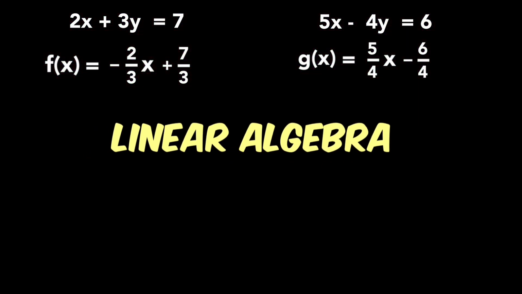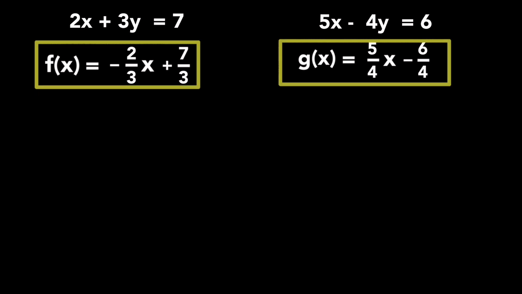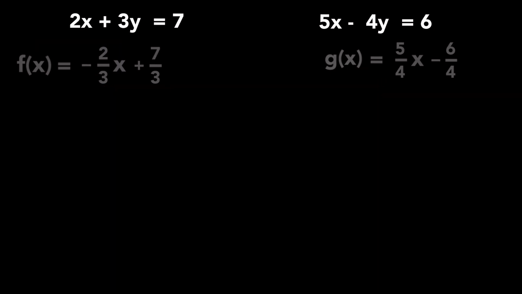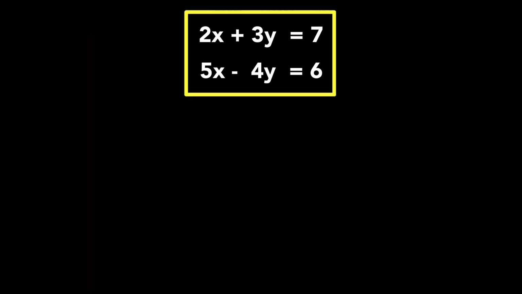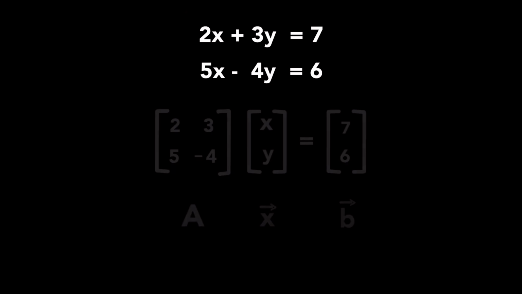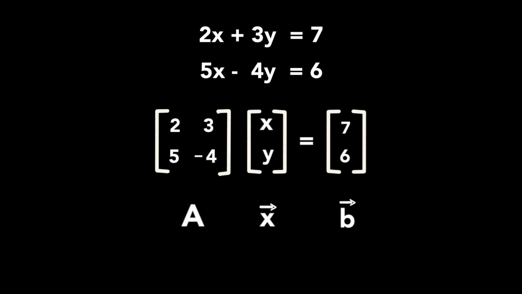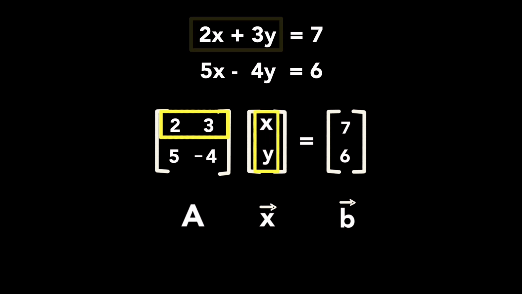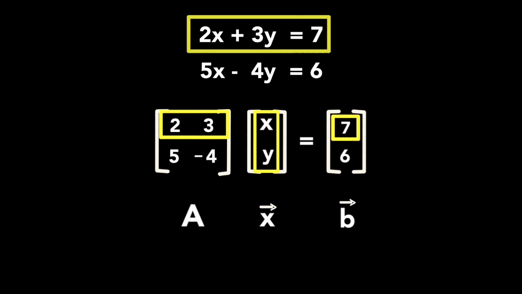In linear algebra, we don't turn the equations into such functions, but we can view this as one single system of linear equations. We can represent this as a matrix vector multiplication, because the first row of the matrix multiplied by the vector gives exactly 2x plus 3y, and together with the b component, that gives the full equation.